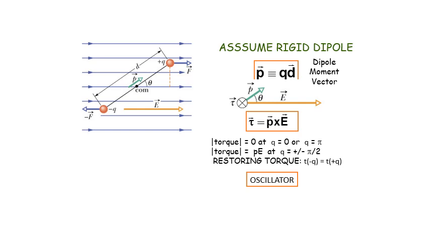Similarly, torque will be PE when the angle between P and E is pi by 2. So the restoring torque should be minus tau equal to plus tau.